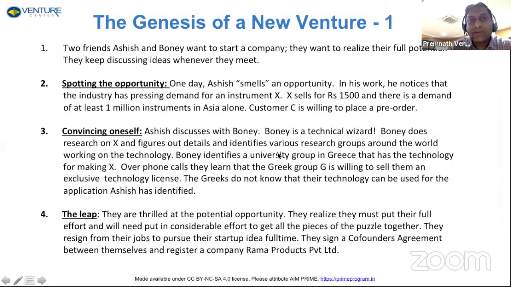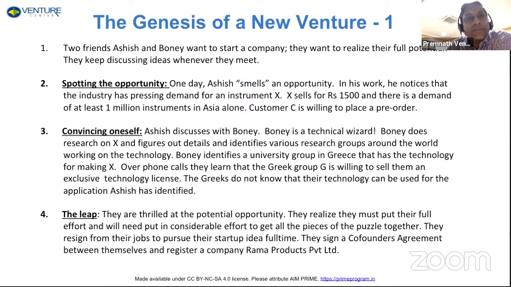Okay, now we'll start a story. This is the story that I'm going to use to generate the simulation. Here is a story which we use in our city camps. Some of you who have attended might be familiar with it, but I'll try and add a few more things to it.